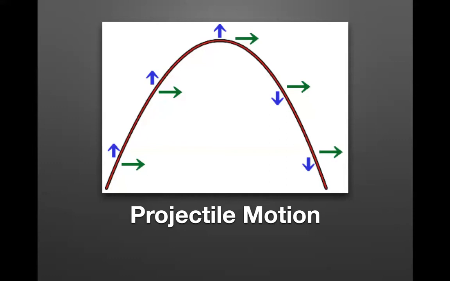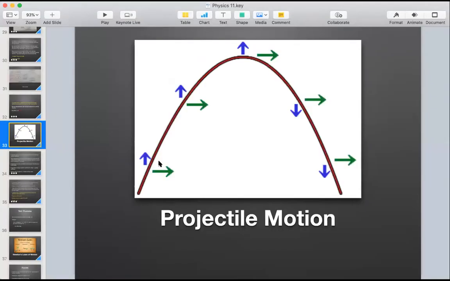Each of those little arrows represents velocity and or acceleration. Any point along that path, you can get information. This is like a soccer ball kicked up into the air, reaches the top part here, and then comes down.